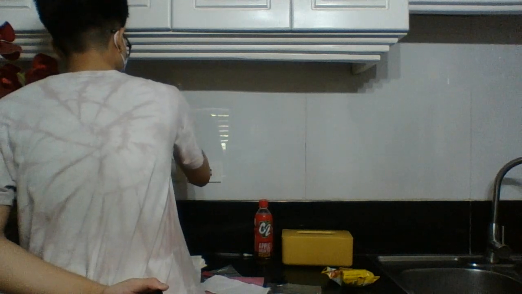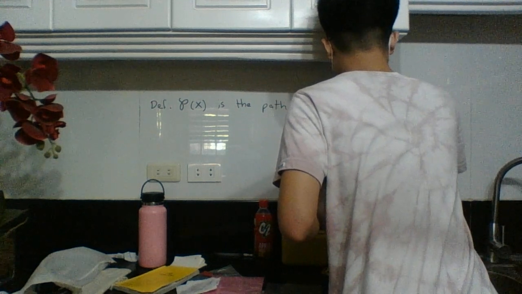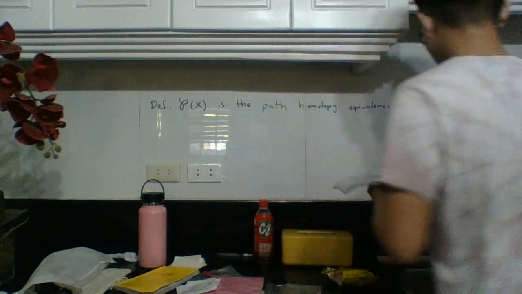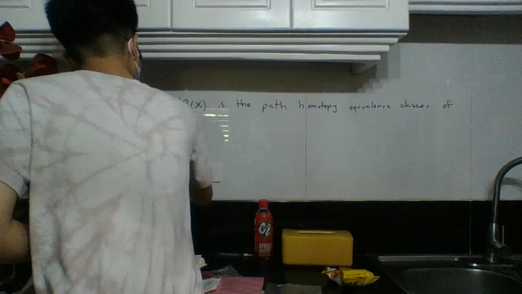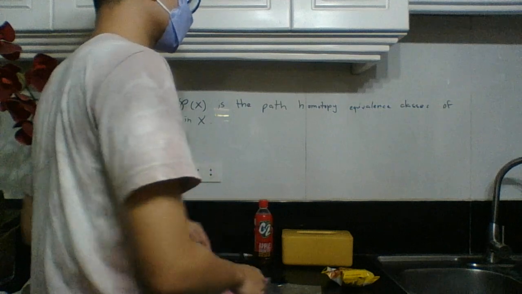Okay, so let's make a definition. I will denote curly P of X, our space, as the path homotopy equivalence classes of paths in X. So every path that exists in X should be part of this, so long as they're homotopic to each other.